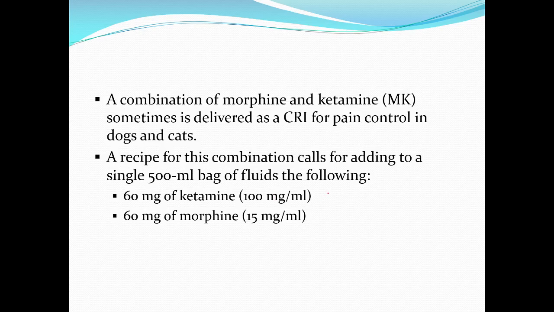So how many mils is 60 mg if our concentration is 100 mg per mil? You should be able to figure this out pretty much in your head. 60 mg, that's the dosage, divided by 100 mg per mil.